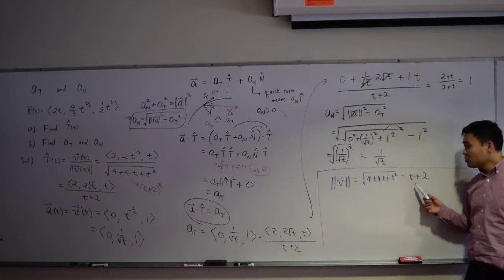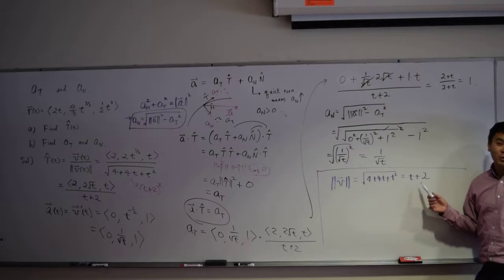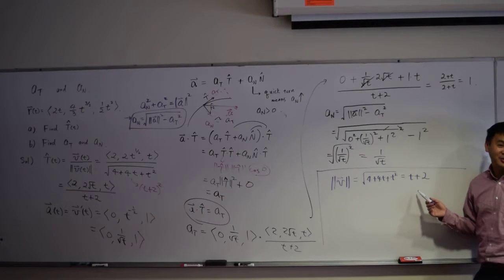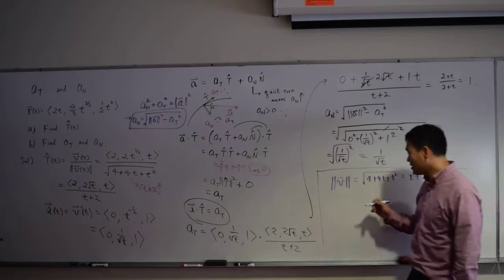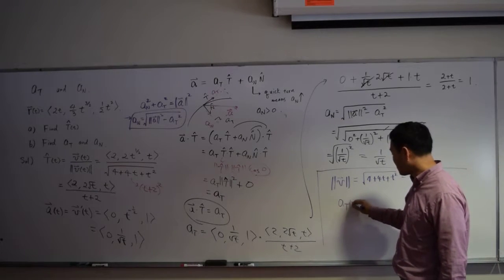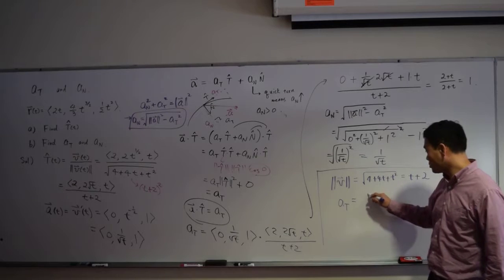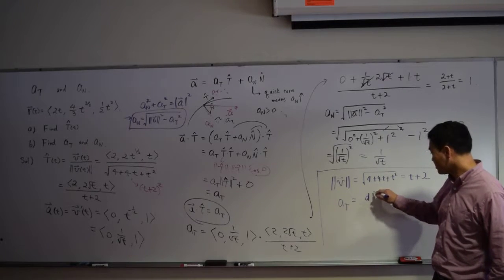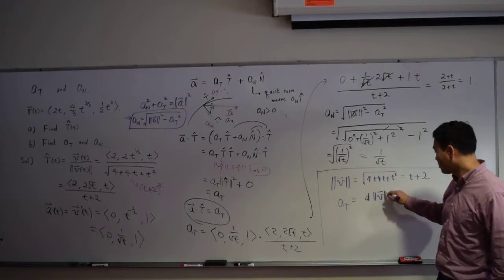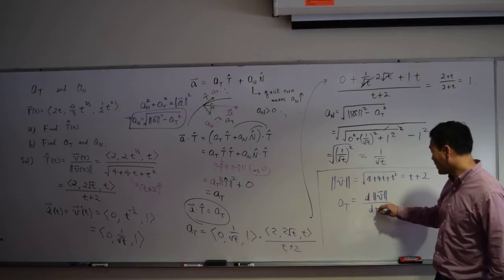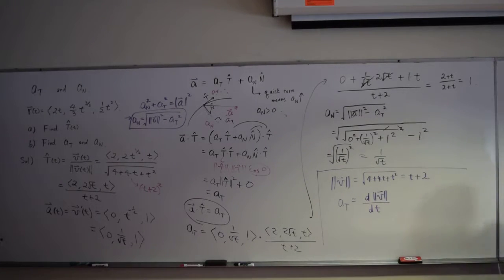Now, can you see what the tangential component of the acceleration is just by looking at this? 1. Why? Because if you differentiate it, it's 1. So you can see that the tangential component of the acceleration is actually the derivative of the norm by time.